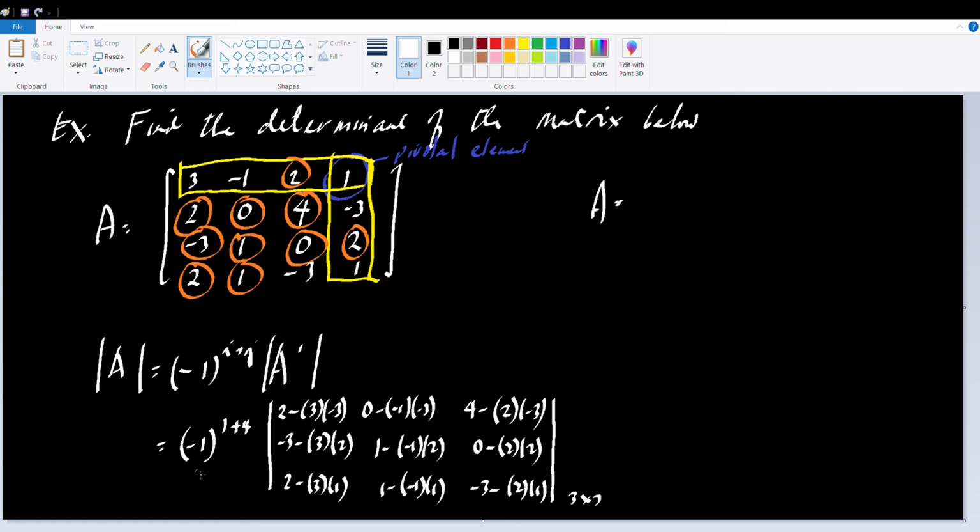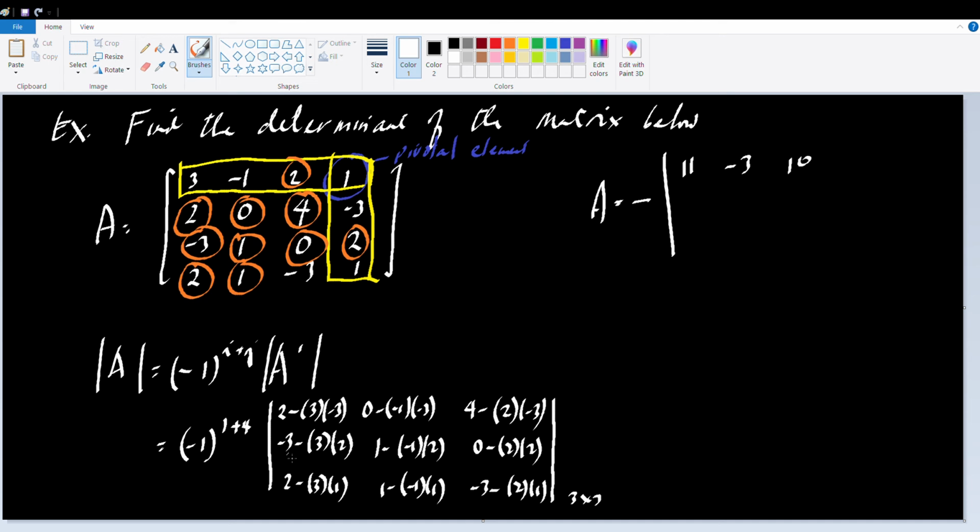So -1 raised to 5 is negative. Determinant of 2 plus 9, that will be 11. 0 minus -1 times -3, that will be -3. And then 4 plus 6, that will be 10.